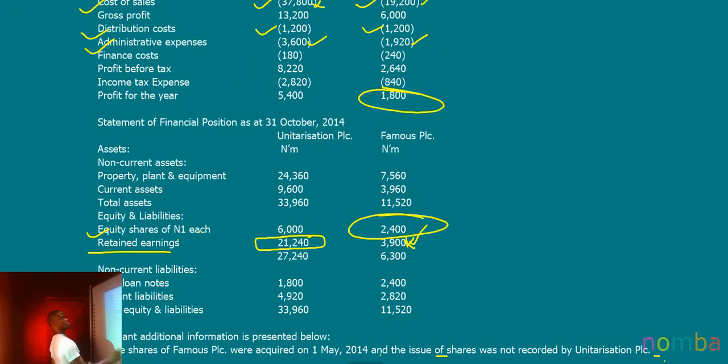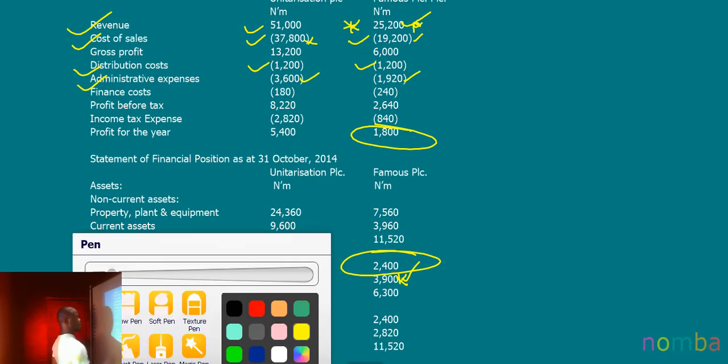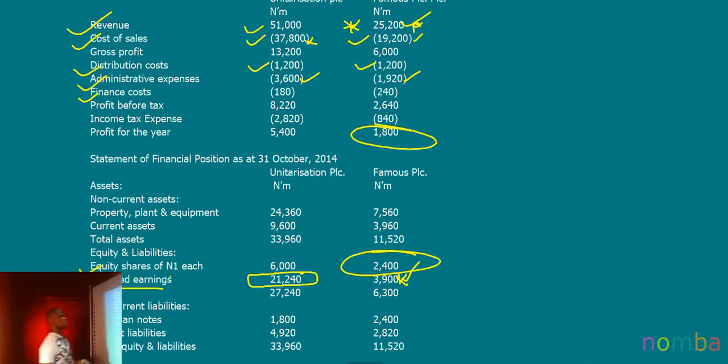So in the question, the next amount there is the finance cost. And for Unitarization, it was 180. For Famous, it was 240. The post-acquisition amount for Famous will be 240 multiplied by 6 over 12. That gives 120.